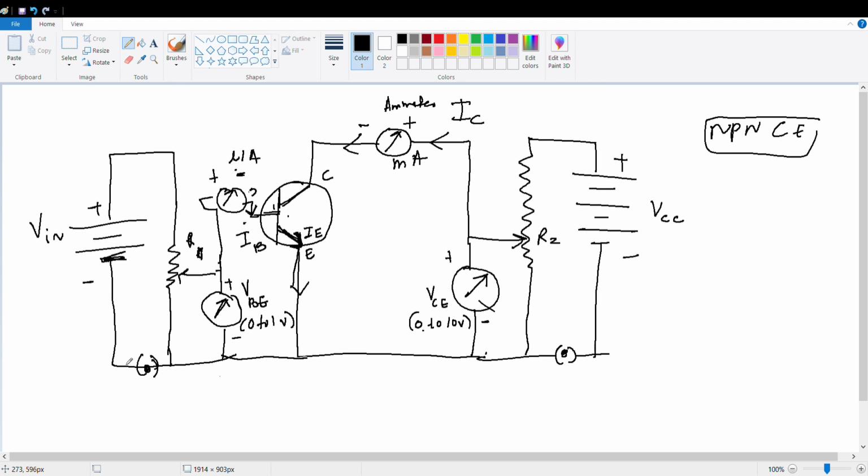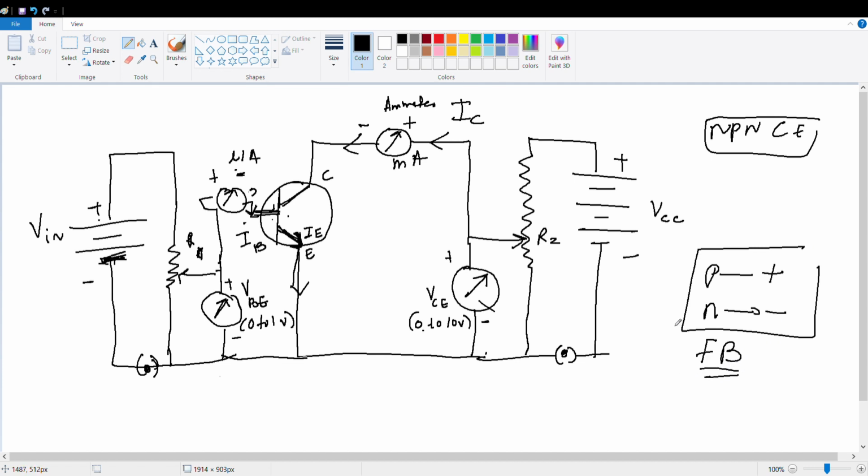Yes or no? And this is the P junction. P is connected to the positive part of the battery. N is connected to the negative part of the battery. Is it forward biased or reverse biased? Forward bias. Understood? Yes or no, guys?